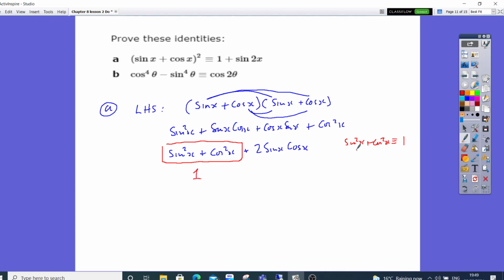And also let the examiner know that you know that sine 2x is the same as 2 sine x cos x, so that is equal to sine 2x, and that's what they require on the right hand side. That's QED as required.